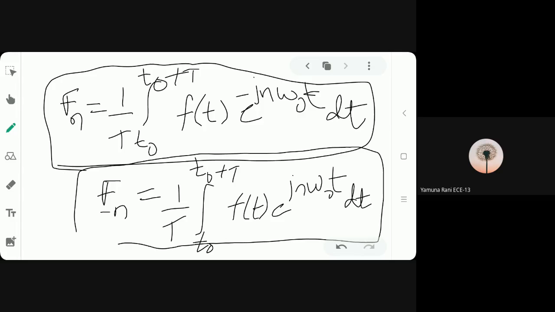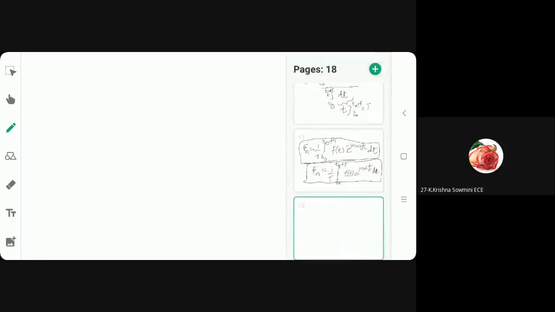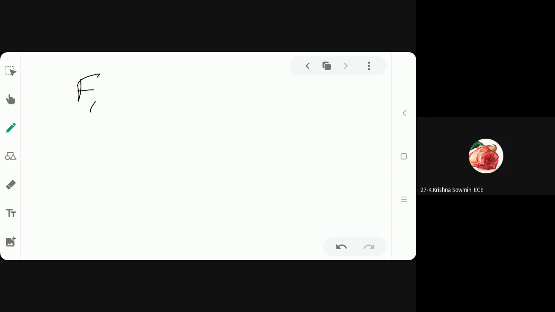Now what is f naught equal to? If you put zero in place of n in this formula, what is f zero equal to? The e power term goes away completely, and it becomes f of t dt. What is e power 0 equal to? 1. E power 0 is equal to 1. Right? So what is f0 equal to? F0 is equal to 1 by T integral t naught to t naught plus capital T, f of t dt.